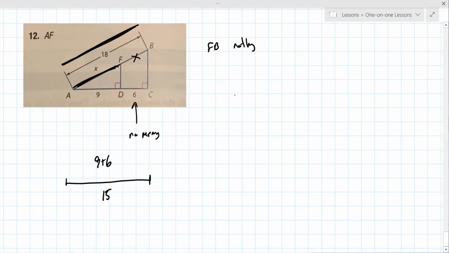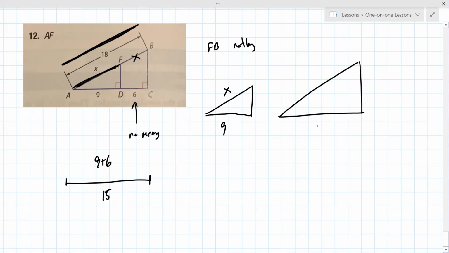Another thing you could do is if you actually drew these separately, you would see exactly what I'm talking about. This is 9 and this is X. This is 9 plus 6 and this is 18. So see if you can write the proportion based on that.